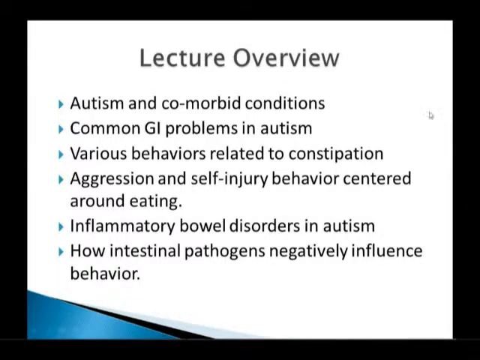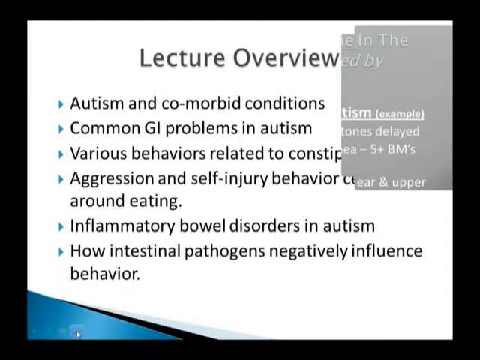I've done these slides before, but show some examples of inflammatory bowel documented in certain individuals on the spectrum, and then get more specifically into how intestinal pathogens can negatively influence behavior. We're going to get more in-depth into Clostridia and some of the biochemistry behind Clostridia-induced issues.